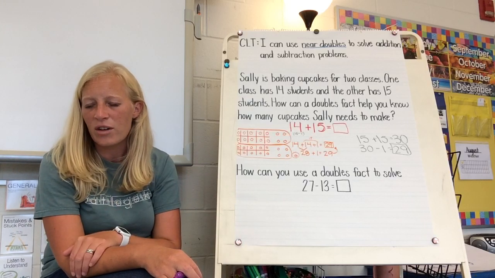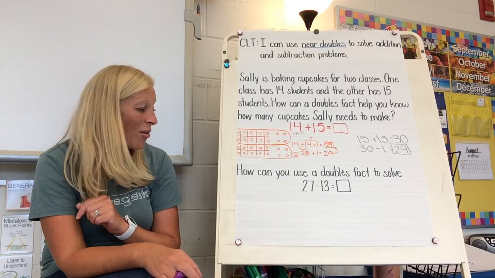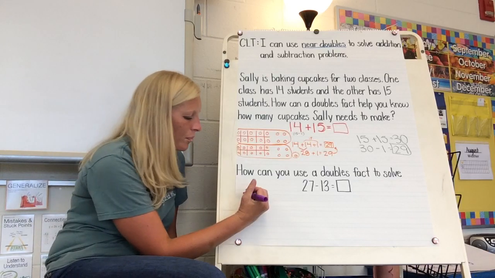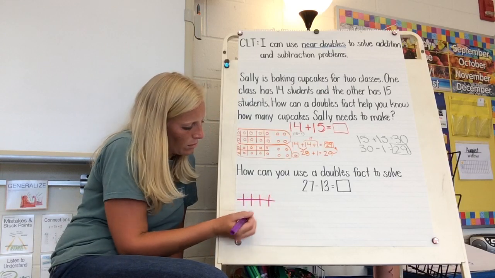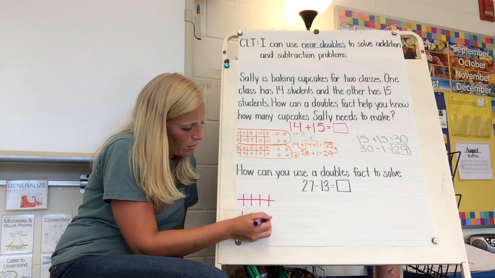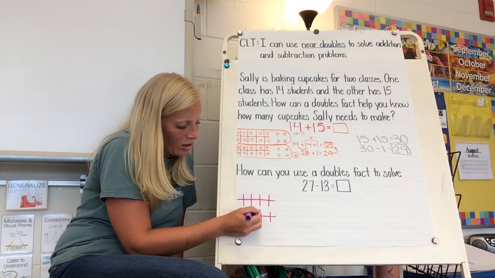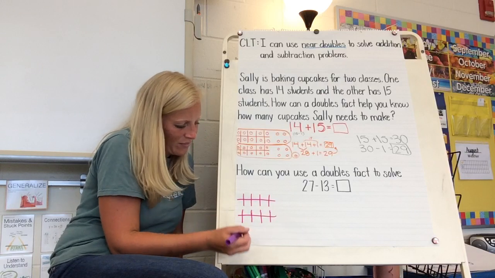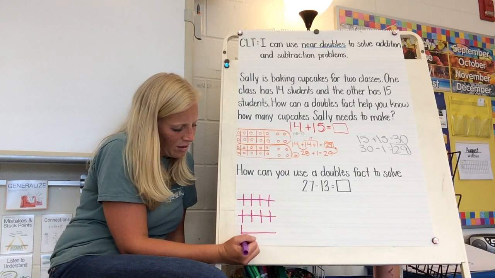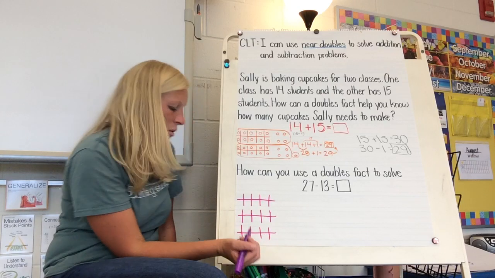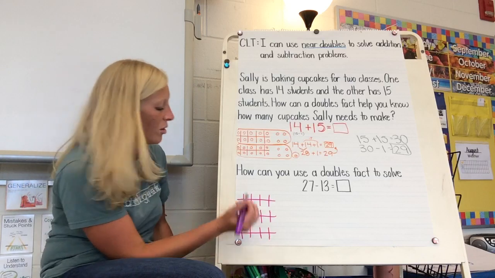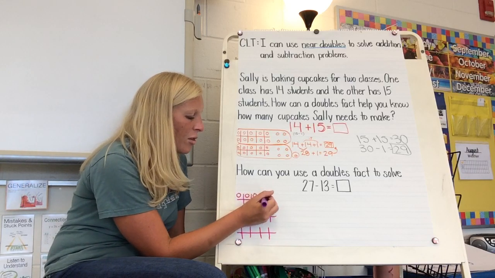And I want you to see if you can figure out how they solved this, okay? Now don't guess yet. Give me a minute. Remember, we're going to use what we already know to help us, okay? So you're just going to look and think.